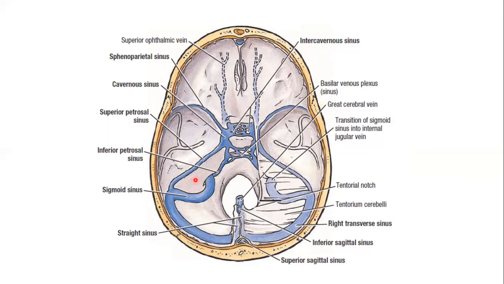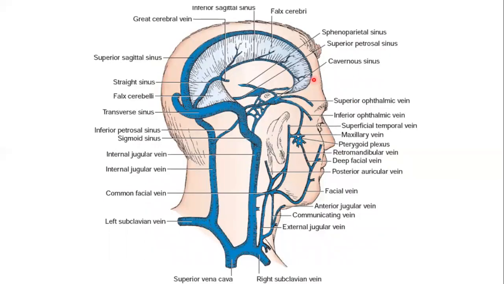And then, going back to this picture, this is the superior sagittal sinus and this is the inferior sagittal sinus. I told you the description.